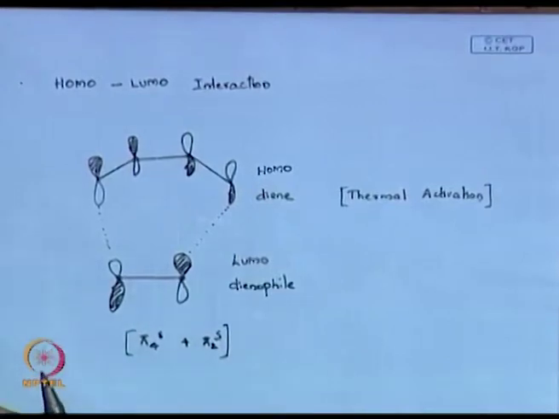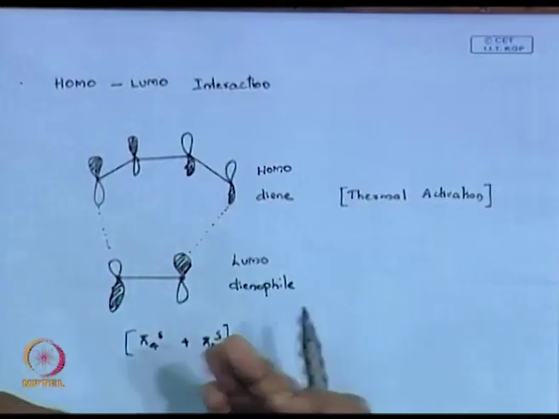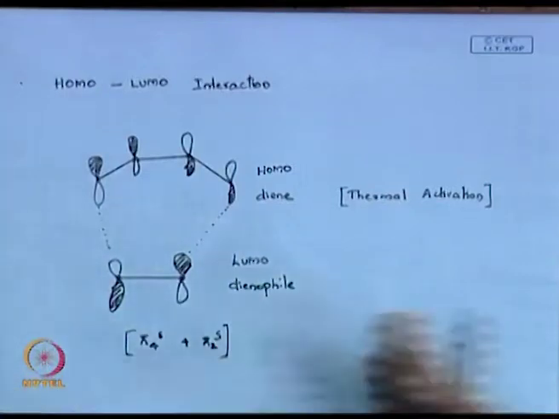That tells us that this reaction on heating is suprafacial and allowed, and the reaction goes very nicely because it is geometrically as well as orbitally favored. Your HOMO-LUMO interaction tells you that. So, on heating we get a nice suprafacial pathway to our Diels-Alder reaction.